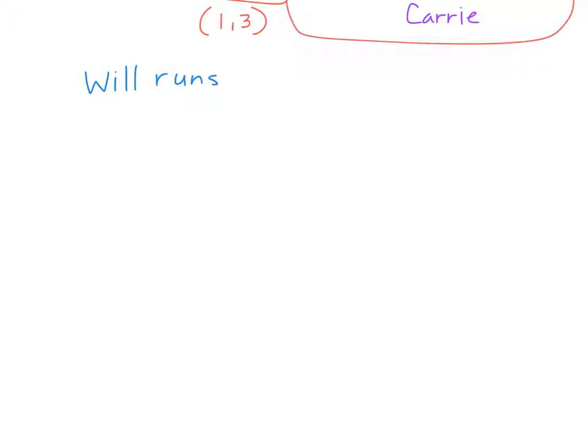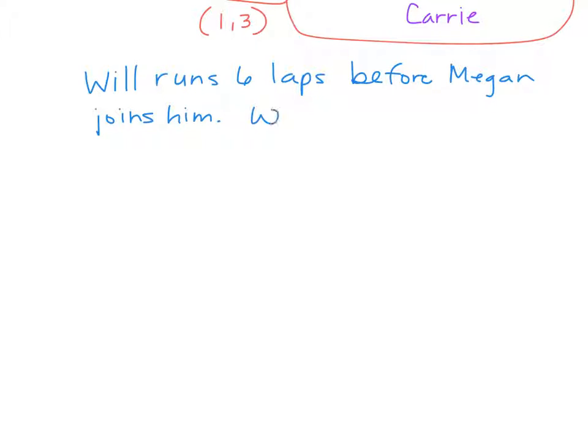Will runs 6 laps before Megan joins him. Then they run together. Beyond that, okay? So once he runs his 6th lap, then Megan joins him and they run together. I'm not going to write that part down.